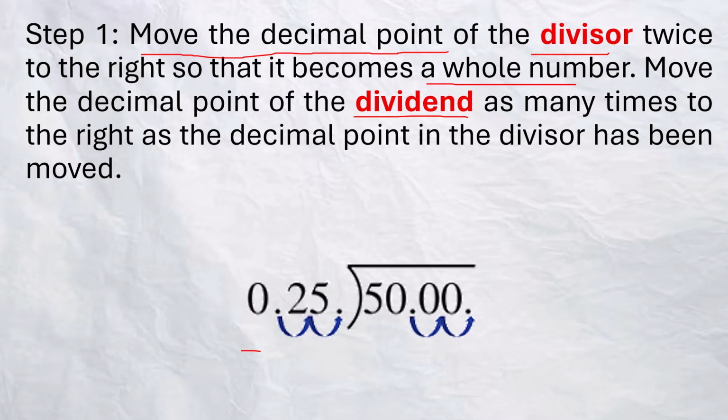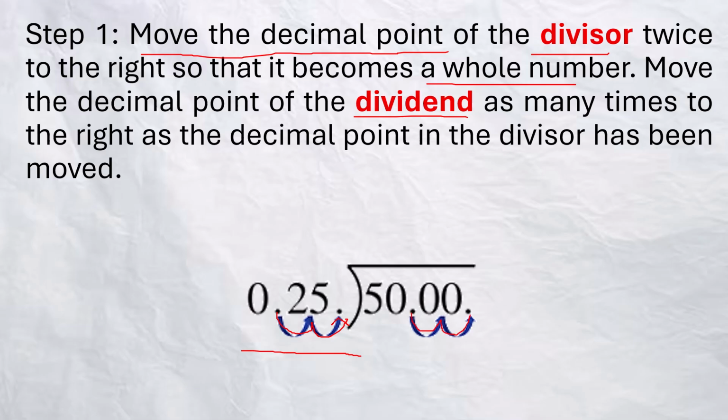Since our divisor has a decimal point, we have to convert that first into a whole number by moving the decimal point to the right 2 times so that it will become a whole number. Since we move twice to the right, we have to move also the decimal point in our dividend twice to the right as well. So we move 1, 2.